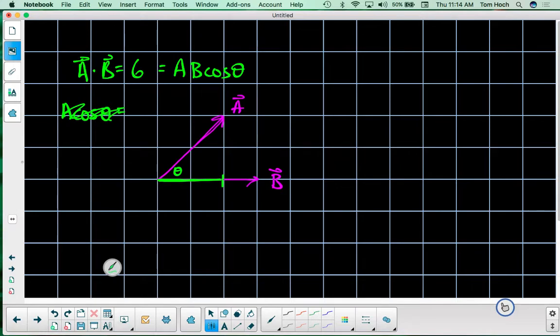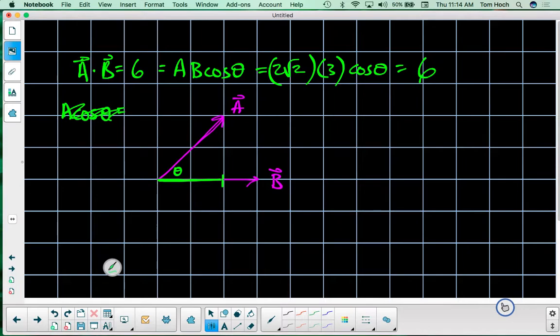Now, let's put in A. What does A equal? 2 root 2, or the square root of 8. What do I put in for B? 3. This equals 6. And now I can find the angle between them.